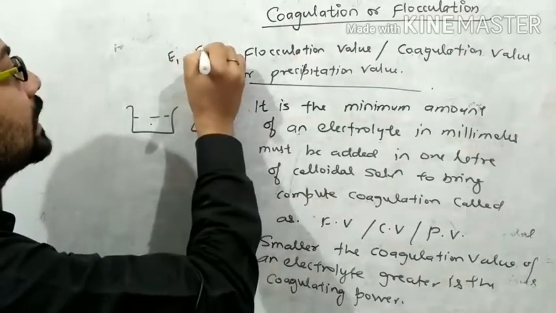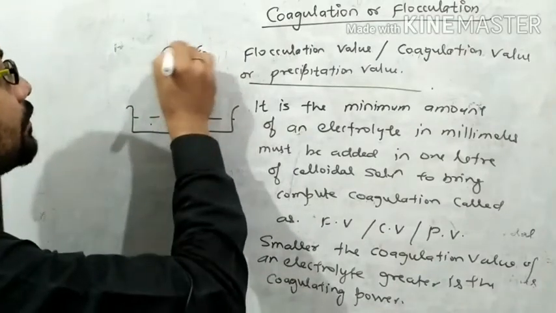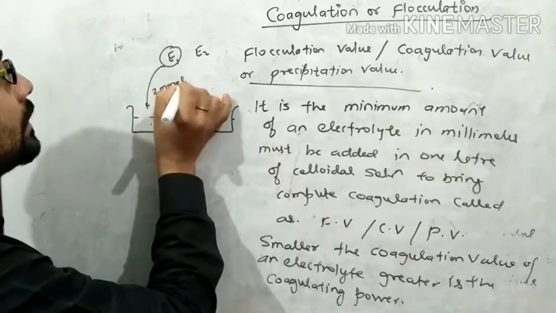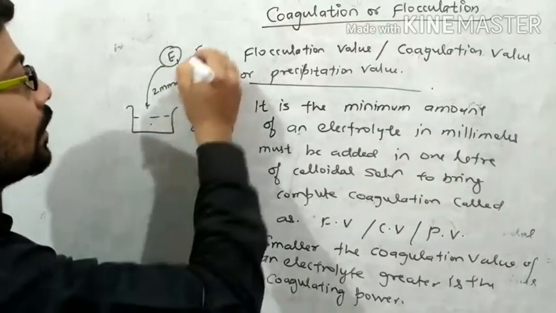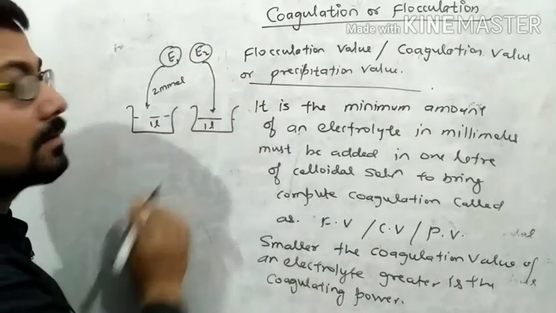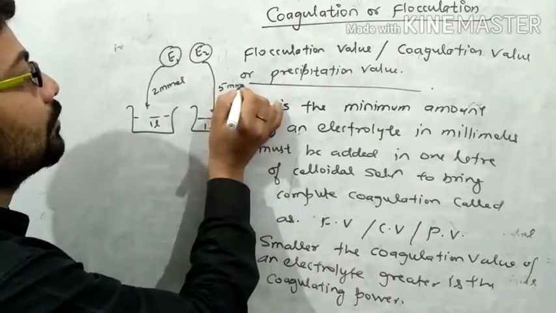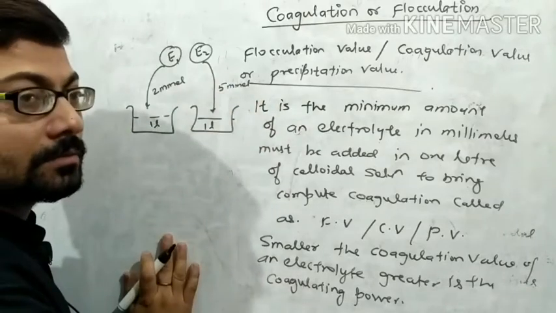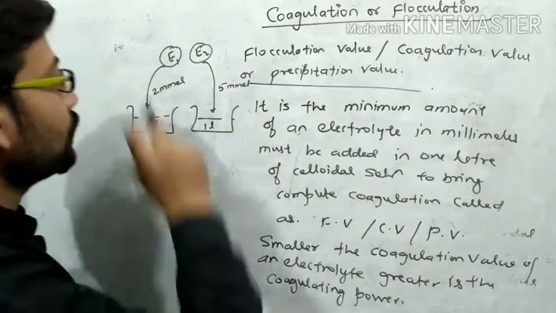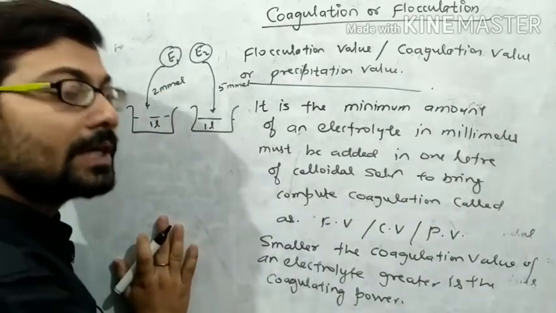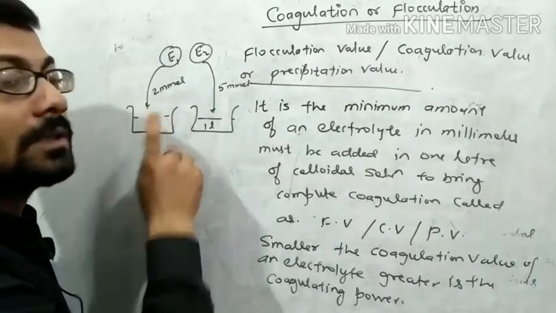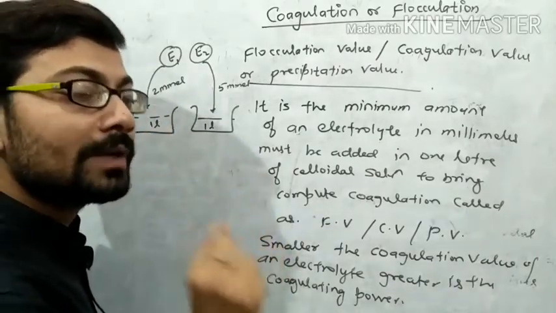1 है, एक दूसरा इलेक्ट्रोलाइट 2 है. हमने इसमें सपोज दैट 2 मिलीमोल इंटर किया और ये भी 1 लीटर है, ये भी 1 लीटर है, और इसमें ऐड किया और दे रिक्वायर 5 millimole for coagulation. So which one have greater coagulating power? So this one have greater coagulating power because this colloidal solution requires a small amount of electrolyte.